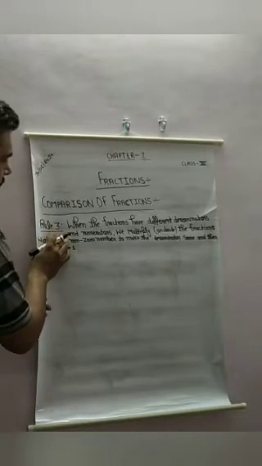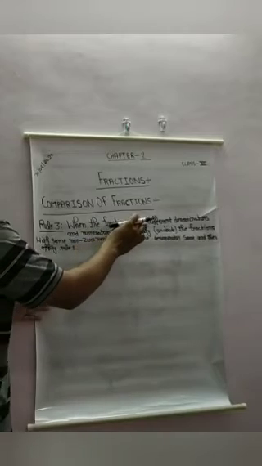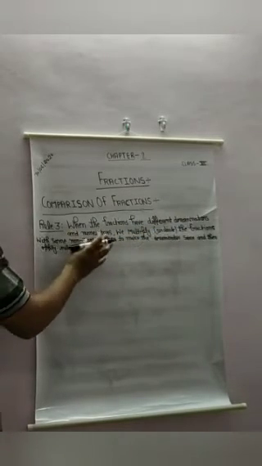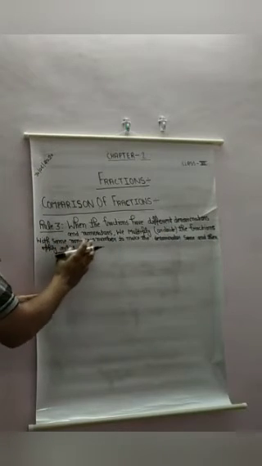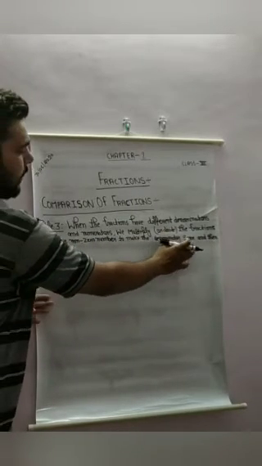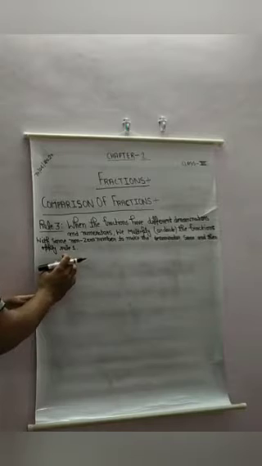Rule number 3. When the fractions have different denominators and numerators, we multiply or divide the fractions by the same non-zero number to make the denominators the same and then apply rule 1.